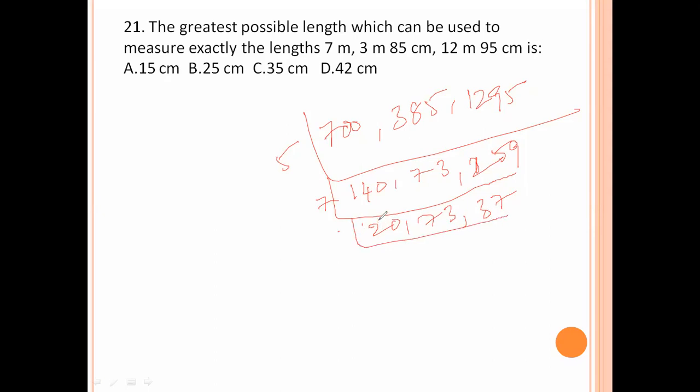It is not equal by anyone. So in this way we get the LCM.